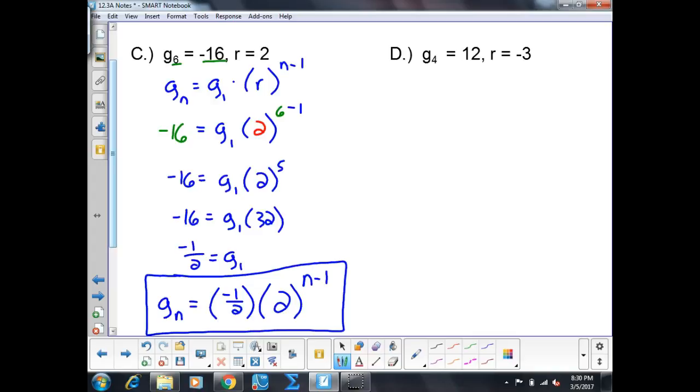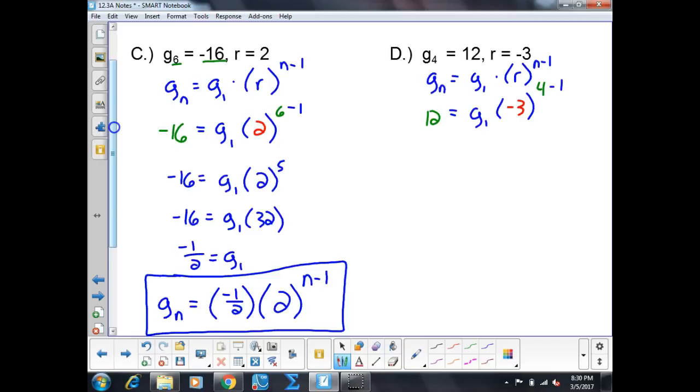Again, starting with G sub n is the first term times r to the n minus 1 power. So that means then that 12 is my first term times negative 3 to the 4 minus 1 power. 4 minus 1 is 3.